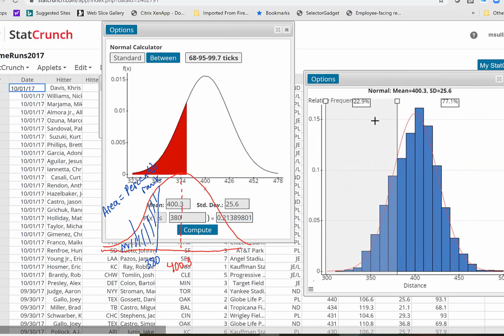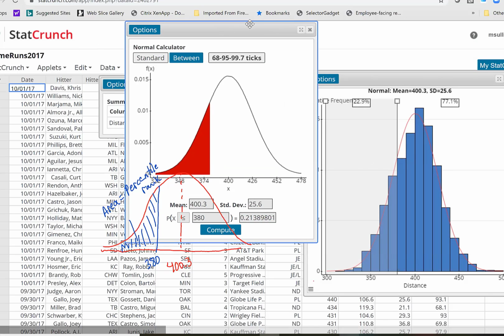And we're getting the actual proportion of home runs that were less than 380 feet was 0.229. So our normal model, 0.214, is pretty darn close to the actual values. That's what we mean when we say the curve is an idealized description of reality.